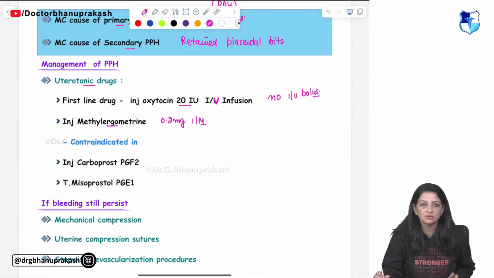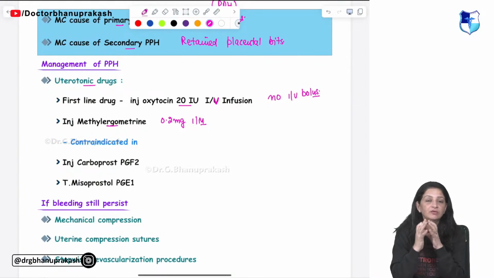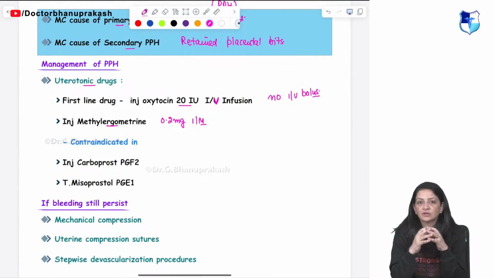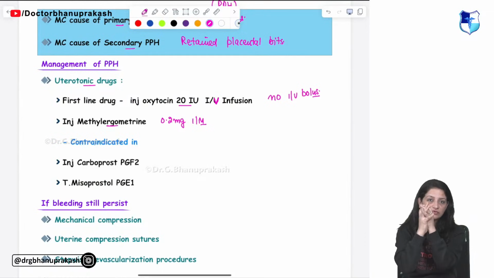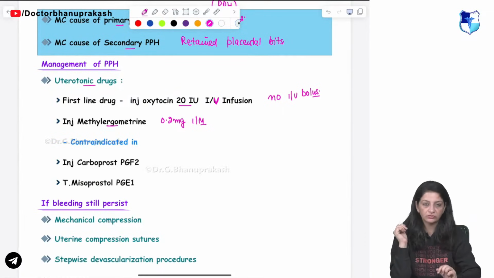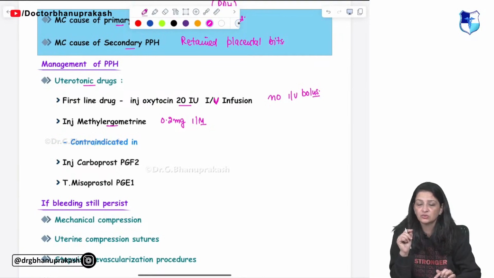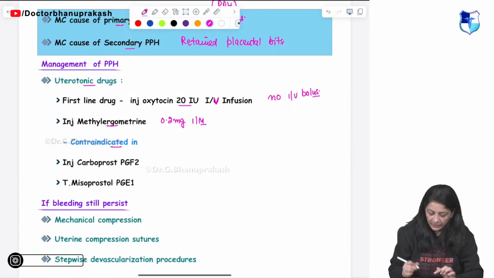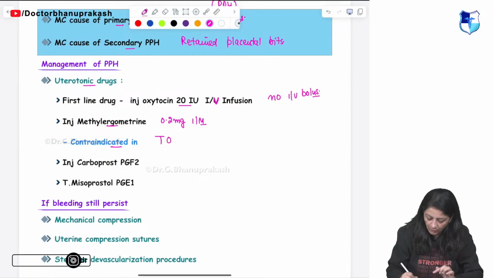No IV infusion, no IV bolus. Only IM, because it will cause forceful uterine contraction. Normally the uterus contracts like this, but with methylergometrine it contracts forcefully, the uterus contracts all at once. So that's why only give intramuscular.